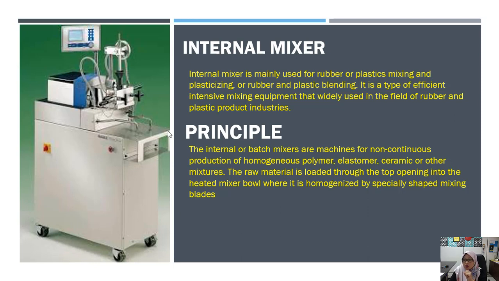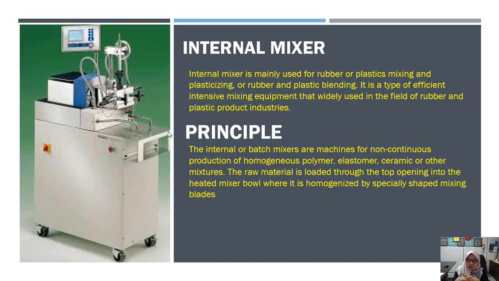It is not continuous. Batch means that you put all your material and also your additive, for example your filler, in the internal mixer chamber. You let the mixing occur during a certain time.